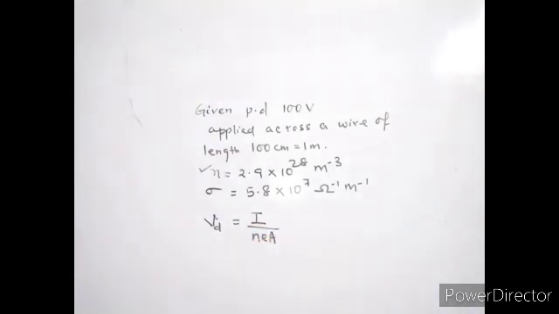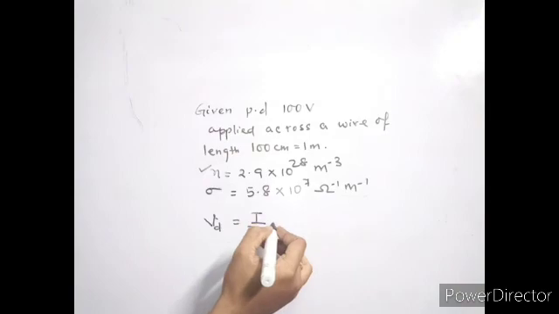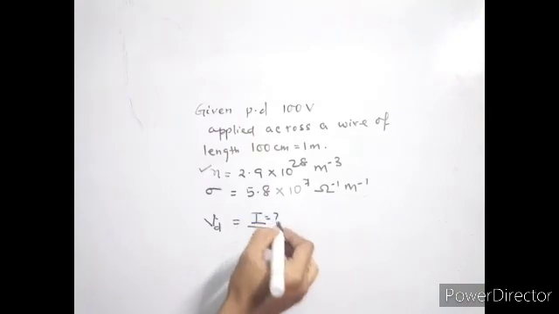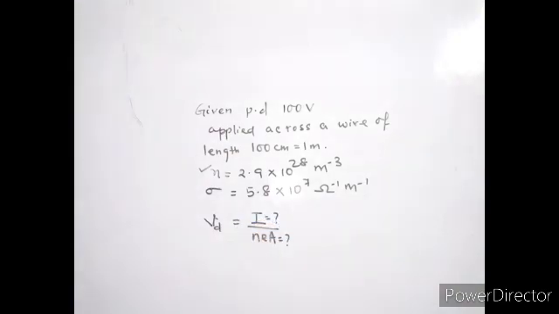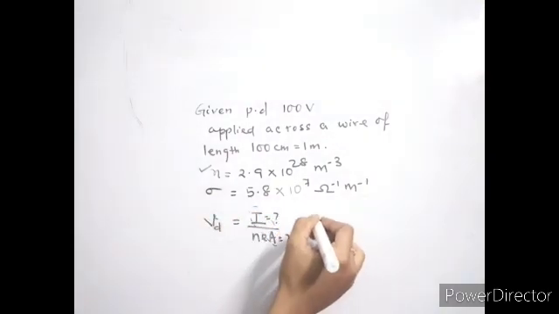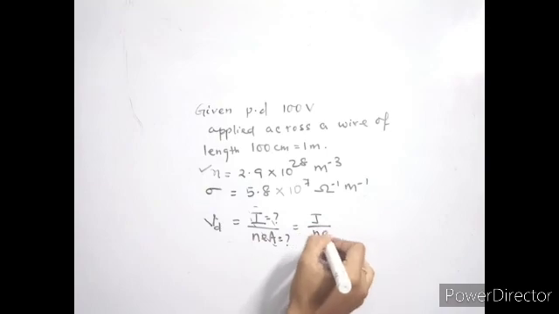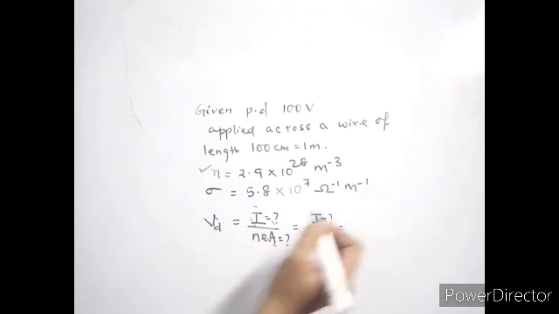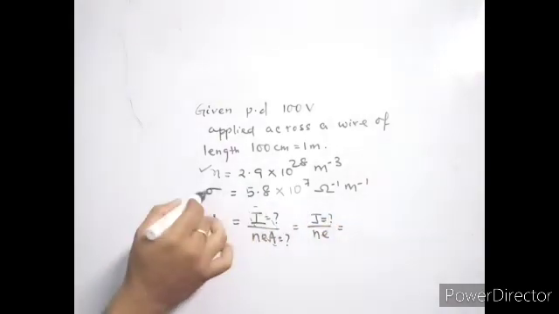That is the correct formula. So now the current, is it given? No. Area, not given. E, we know that, and N is given. I by A is nothing but current density, that is the current per unit area. And is that given? No, still not available.